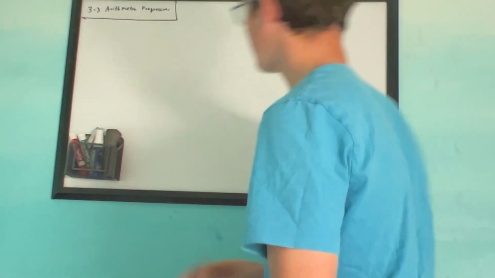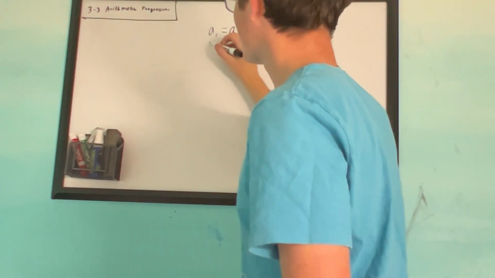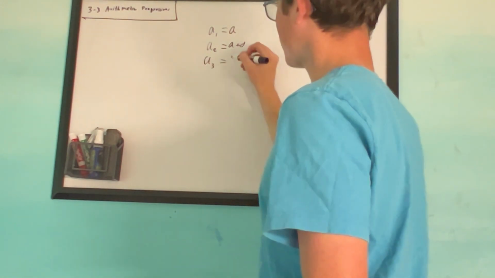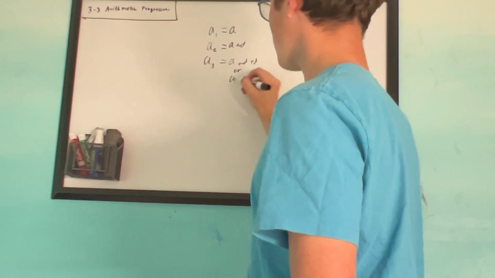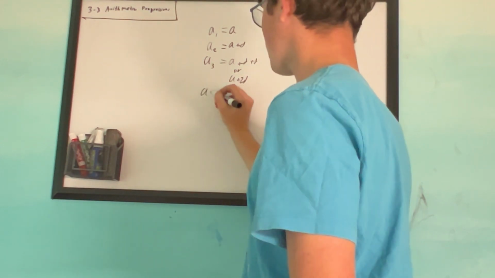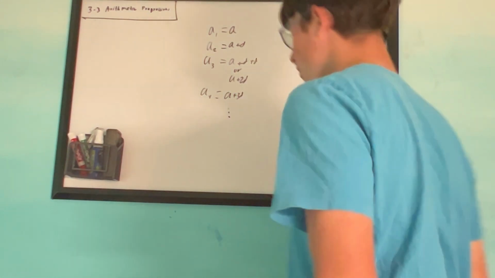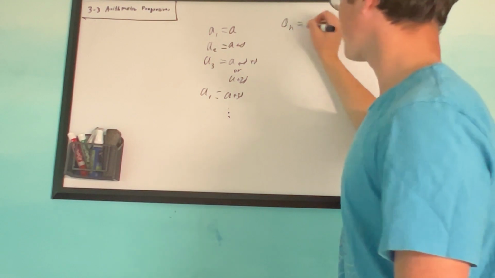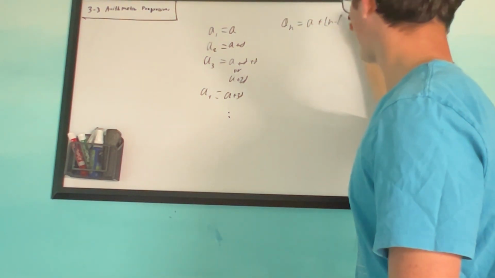And if you think about it in a different way, you have a1 equals a, a2 equals a plus d, a3 equals a plus 2d, then a4 equals a plus 3d, and so on. We can rewrite this as a sub n equals a plus n minus 1 times d.